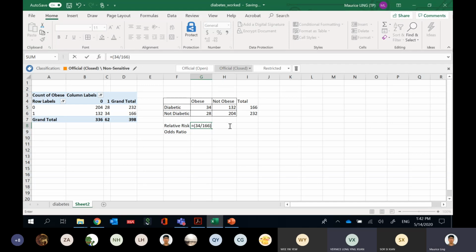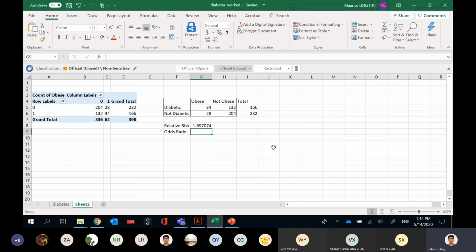Okay, then divided by 28 divided by 232. No problem. Or else you can just do a substitution yourself.